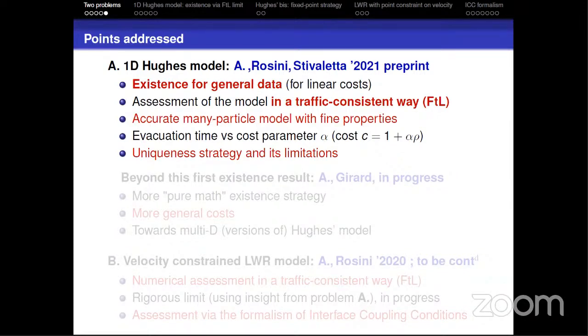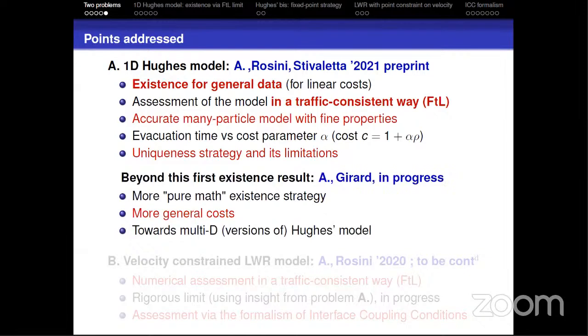But this also gives you an idea that if you change the part of the model which is the most subject to discussion, that is the definition of the turning curve, the way you compute the turning curve from the crowd density, then you can hope for uniqueness. Roughly speaking, the turning curve should be more regular if you want to have uniqueness in a natural way.